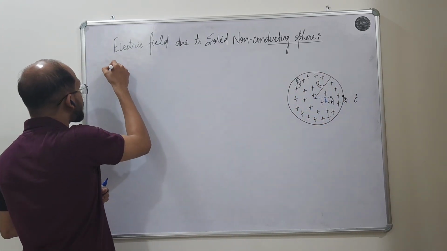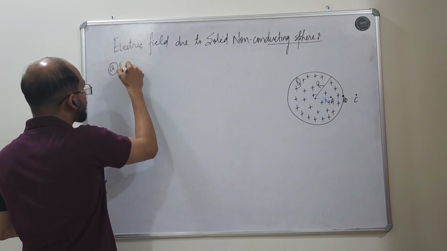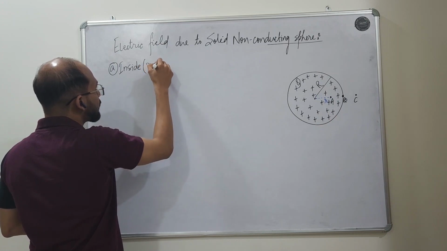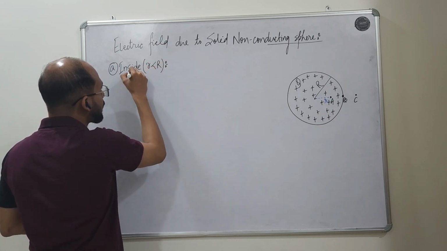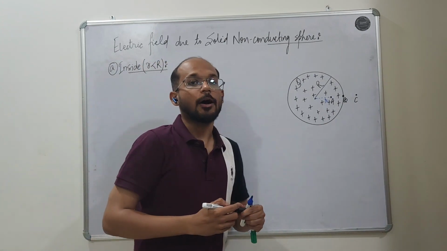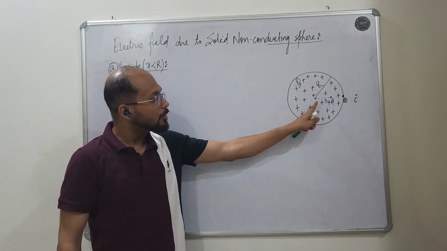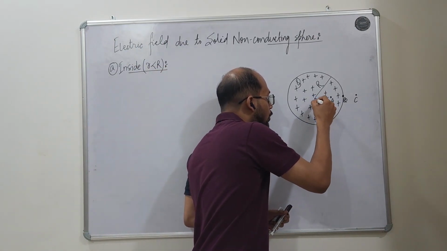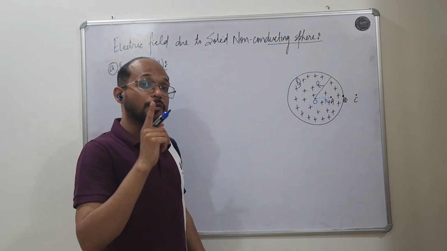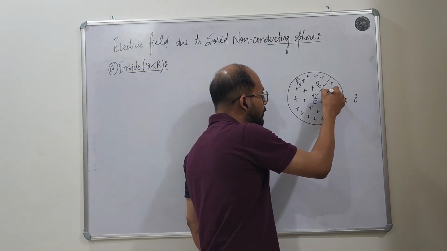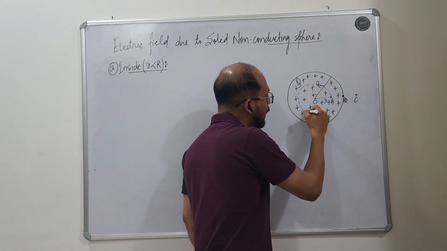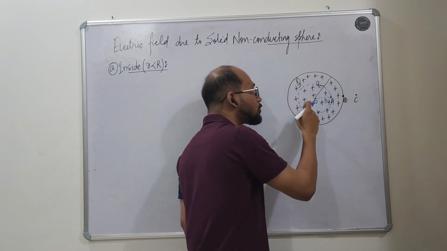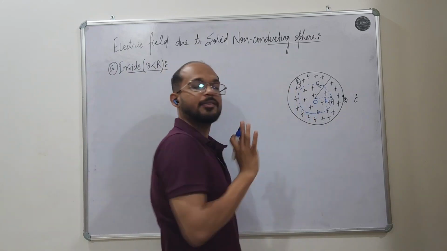So the first point is we will find the electric field inside the sphere, that is r less than capital R, at point A. Now, again, to find the electric field at point A, which is at a distance of r from the center, we will use Gauss law. We will consider a spherical Gaussian surface which will pass through point A, and each and every point on this Gaussian surface is at a distance r from the center.